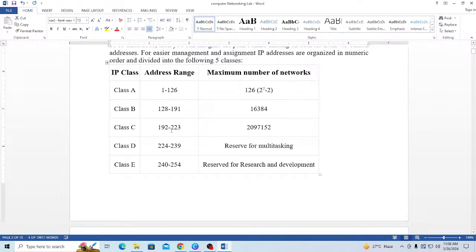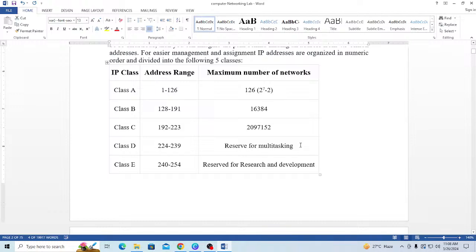So how many networks can they establish in class A, class B, class C, class D and class E? 126 in class A, 16,384 in class B, 20,97,150 in class C. And in class D they have not mentioned a particular number; it is reserved for multicasting.